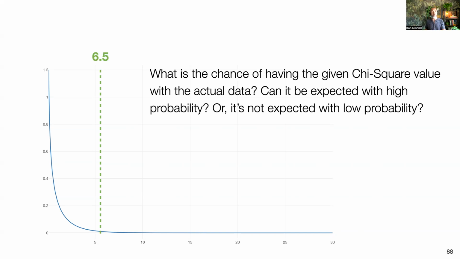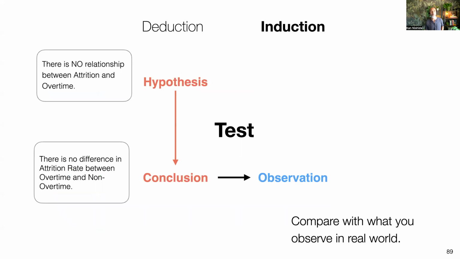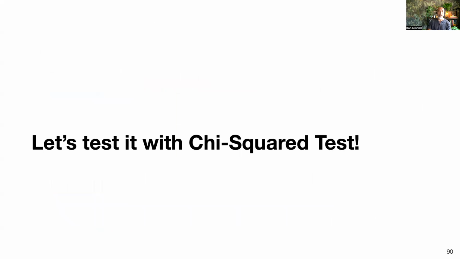If it's a low probability, then that's kind of weird, but if it's a high probability, then this can happen randomly or often. Okay, so what that means. You remember that framework? We wanted to test the hypothesis, or the conclusion built on the hypothesis, in the real world, right? So let's do the test.